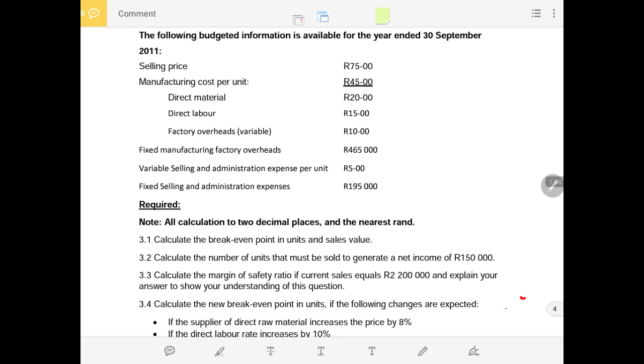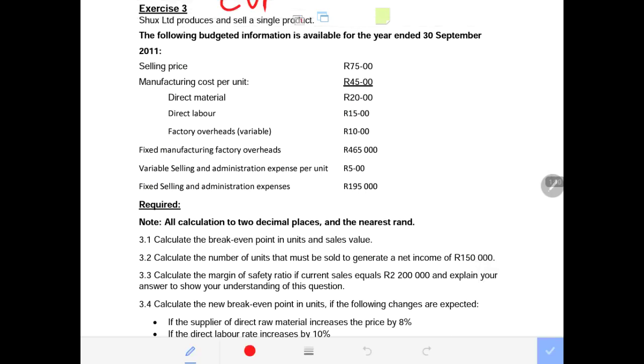We are given the selling price of this single product as 75 Rand, and we are given the manufacturing costs per unit. The total manufacturing cost per unit is 45 Rand, made of 20 Rand plus 15 Rand plus 10 Rand of the direct material, direct labor.